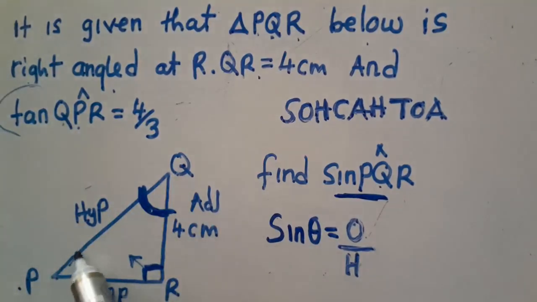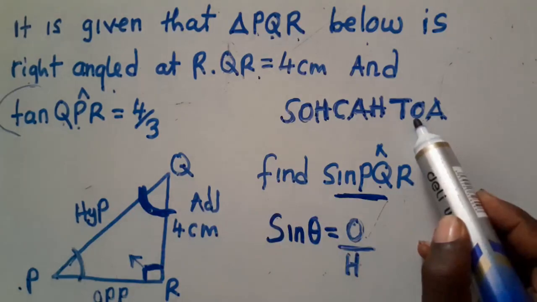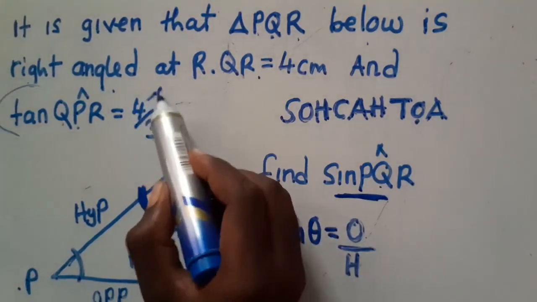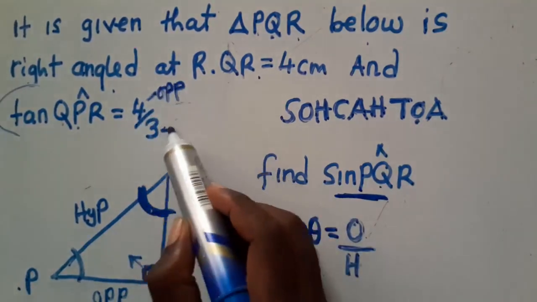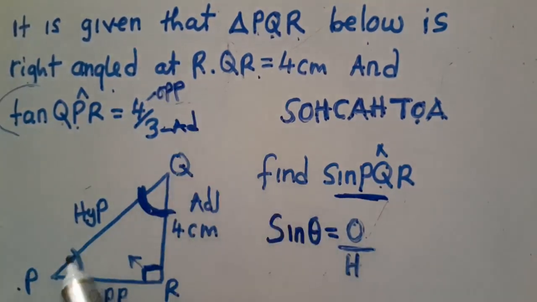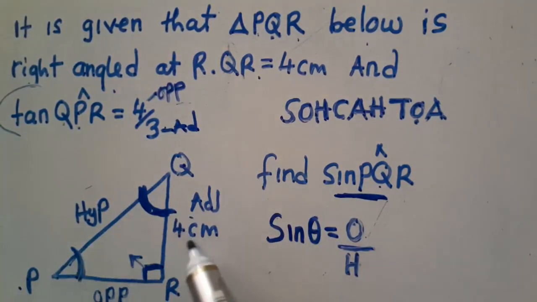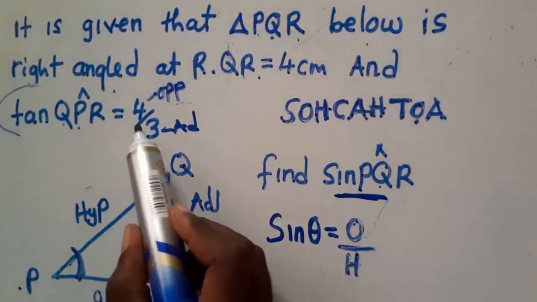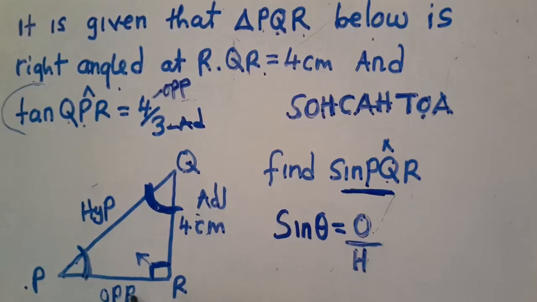For tan, this side is the opposite, and this is the adjacent for P. So the opposite is 4. Then the adjacent, which is down here, according to the tan which we are given, is 3. So this side is 3.